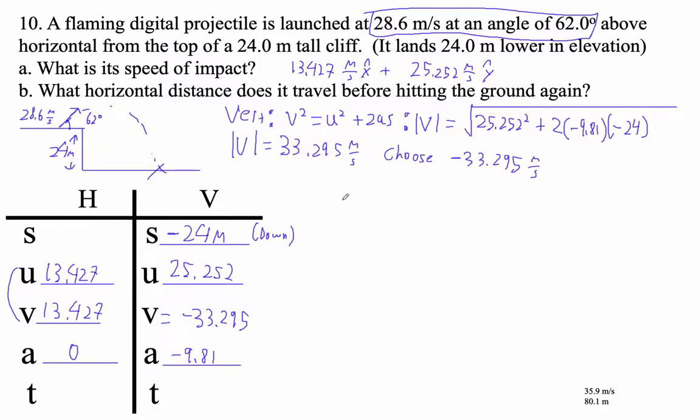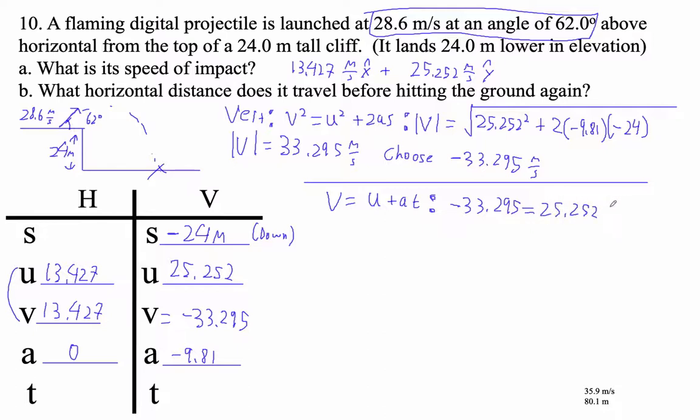Okay. And then we can find time using this guy. V is u plus at. Right, so negative 33.295 equals 25.252 plus negative 9.81 times t. All right.